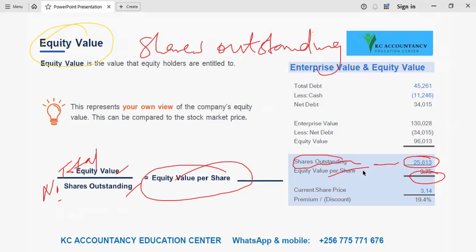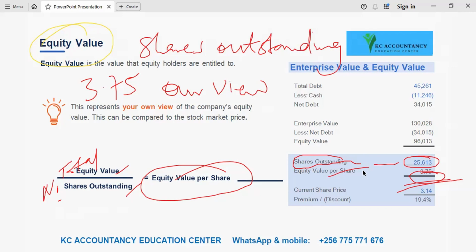Now, if we have gone through the process of building the DCF model, and we have selected the inputs that have gone into that model, then this 3.75 you are seeing represents our view of the company's equity value per share.